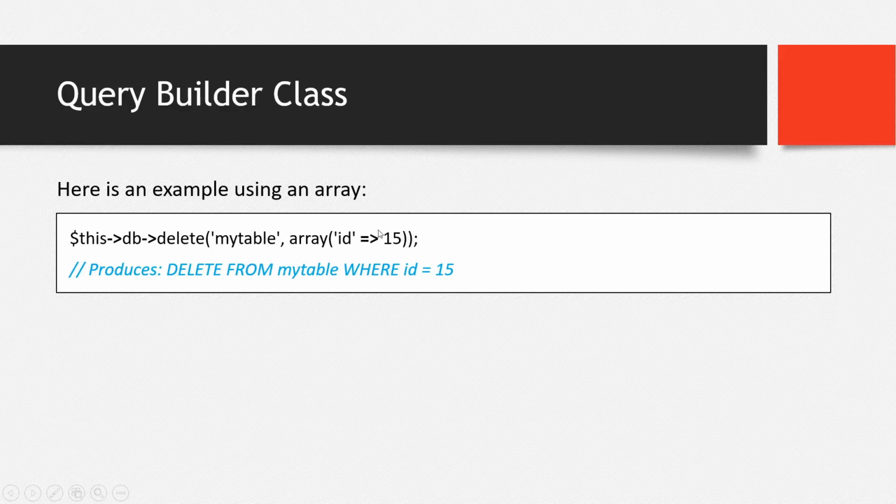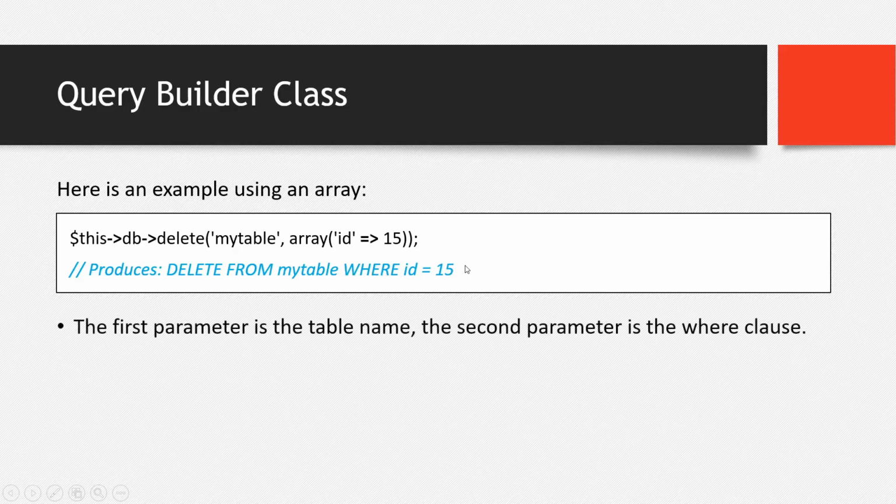Then the second parameter will be a where clause, in which the index will serve as the field name, and the value will be the ID that we're about to compare. Okay, in which it will produce this kind of query: delete from my table where ID equals 15.